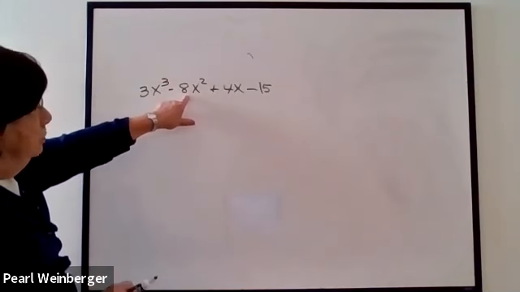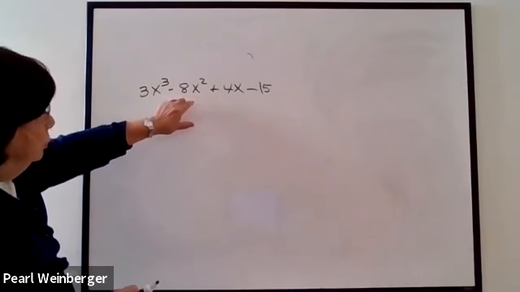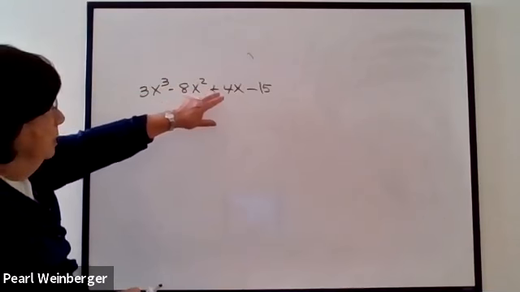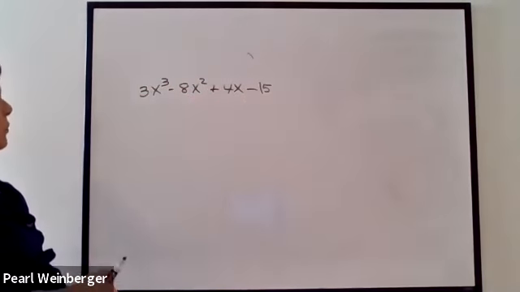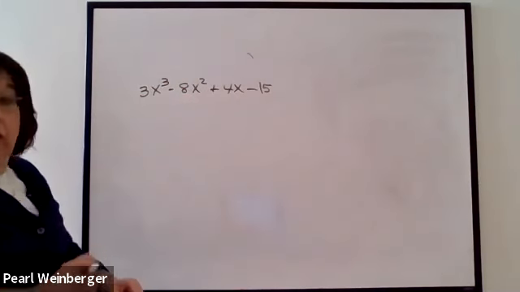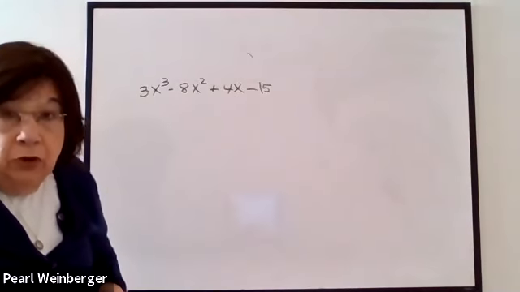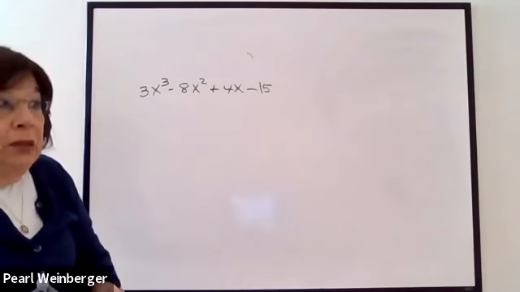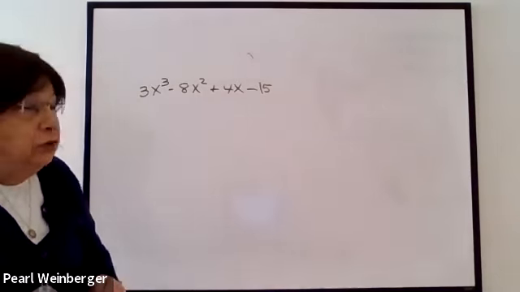The second term in this expression is minus 8x squared. Again, everything here is connected by multiplication. Then we have plus 4x, and then we have negative 15 or minus 15. None of these are what we call like terms. In order for terms to be like terms, we need the letter part, the variable part, to be identical.